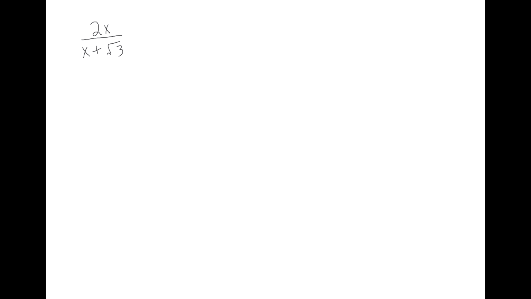Since my bottom term has a square root, but also has two terms, I'm gonna have to multiply by both terms with the opposite sign in between. Multiply by x, square root of 3, x, square root of 3, and then minus in the middle.